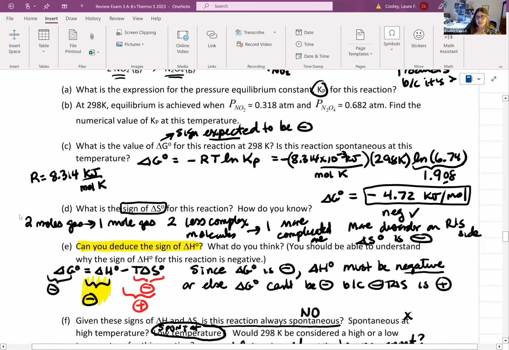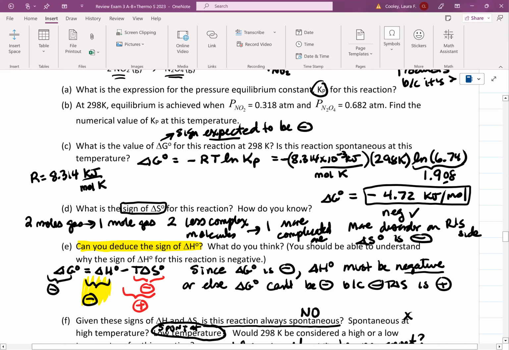You've decreased the disorder. Another way to think of it is that NO2 is less complex than N2O4. N2O4 does not have the disorder of 2 NO2s, and does not have the ability to dissipate heat as these less complex molecules.